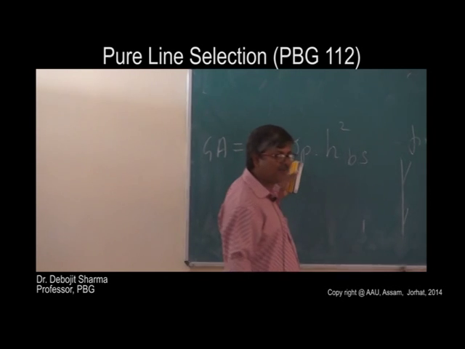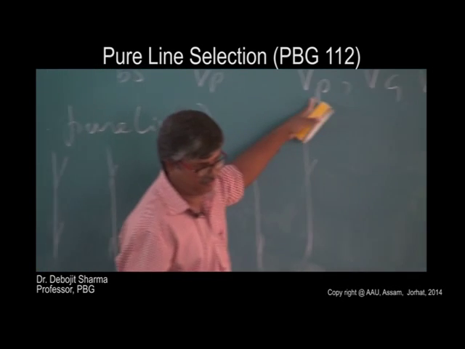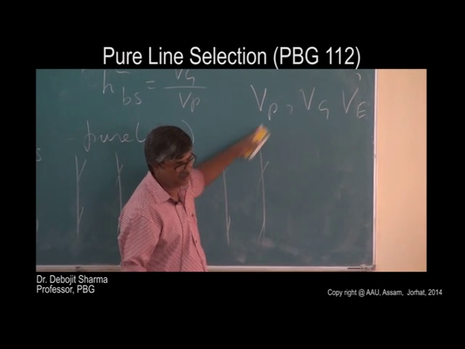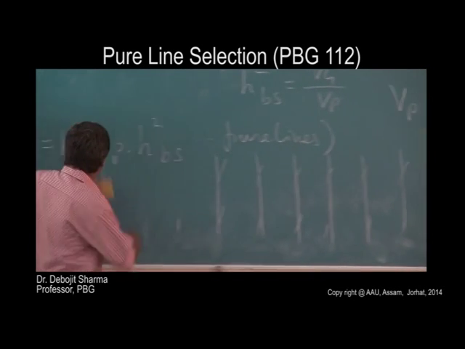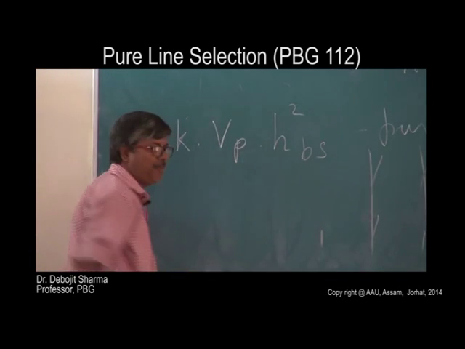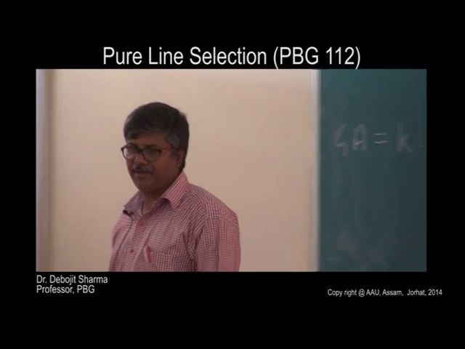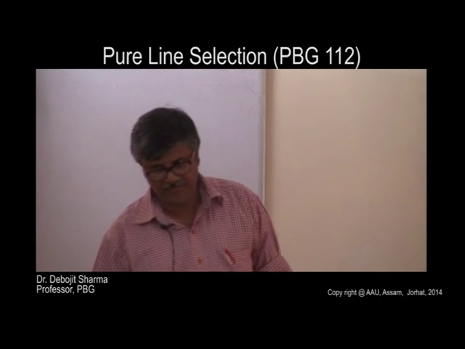This sigma P I have written is nothing but the square root of the phenotypic variance. So you can also use VP. It is the square root of the phenotypic variance, that is total variance.